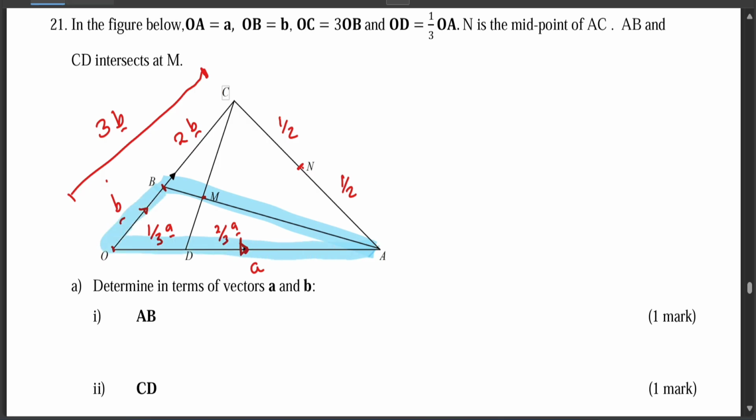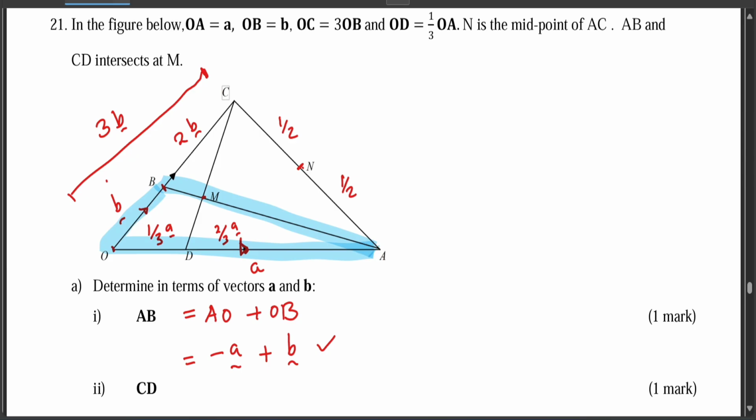So our AB is given by AO, so you're going against the direction of OA, and then you're going along the direction of OB. So AO is against the direction given of OA, so you're going negative A, plus OB, which is just plus B. So therefore that is the answer.